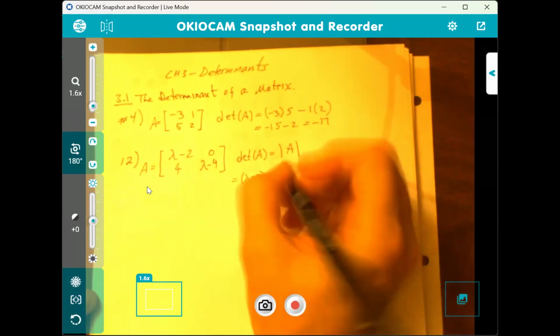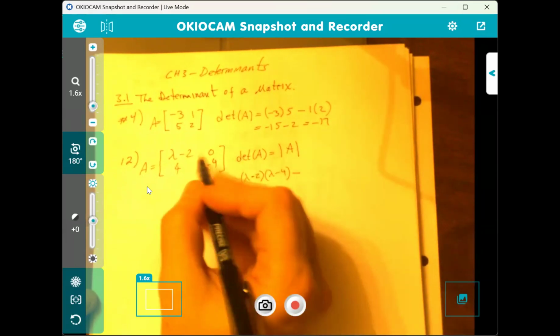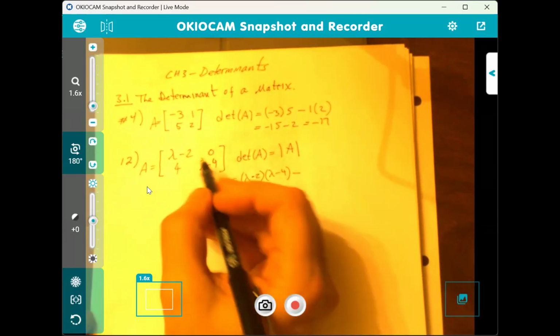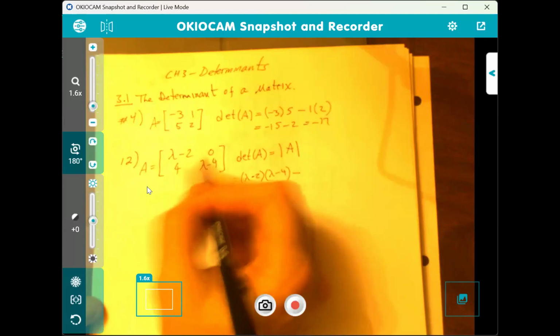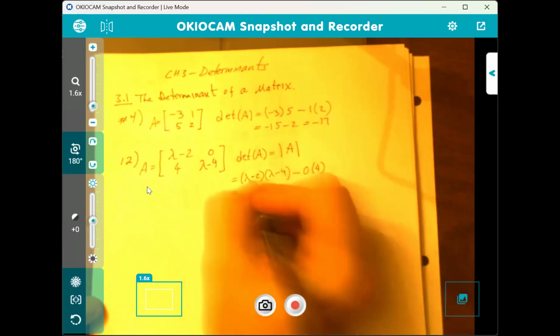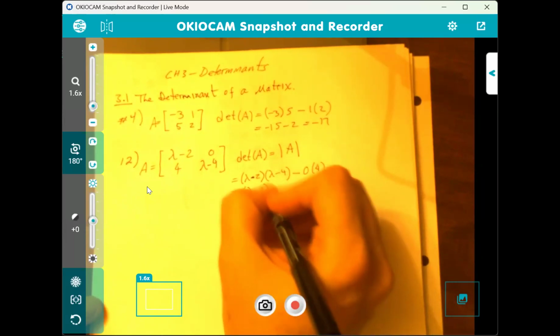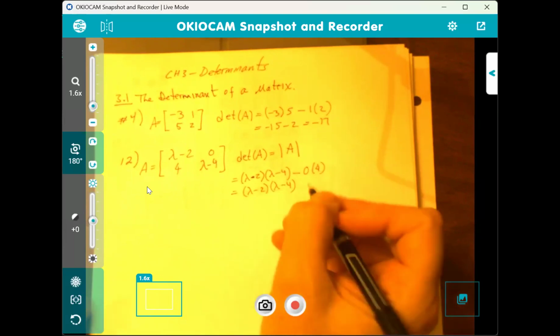So it's going to be lambda minus 2 times lambda minus 4 minus the product of off diagonals. And that'll be 0 times 4, which is 0. So the result's going to be lambda minus 2 times lambda minus 4.